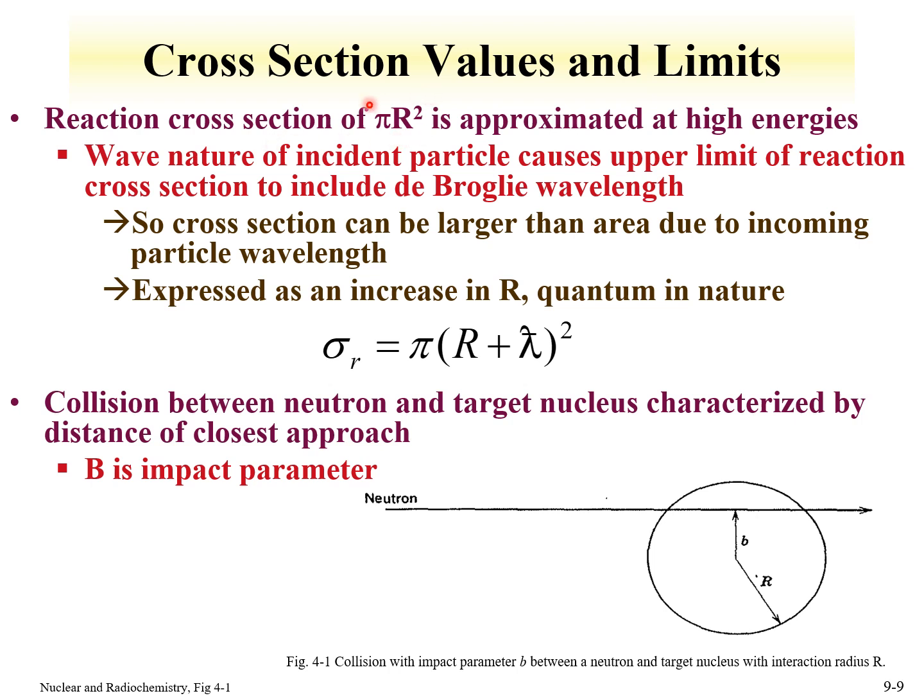Well, this pi r squared cross-section, which is fundamentally close to a barn, is approximated at high energy. However, the wave nature of particles has an upper limit of reaction that it can include, the de Broglie wavelength. So fundamentally, this equation, pi r squared, can go to pi times r plus the de Broglie wavelength, squared. So the cross-sections can be larger due to the incoming particle wavelength.